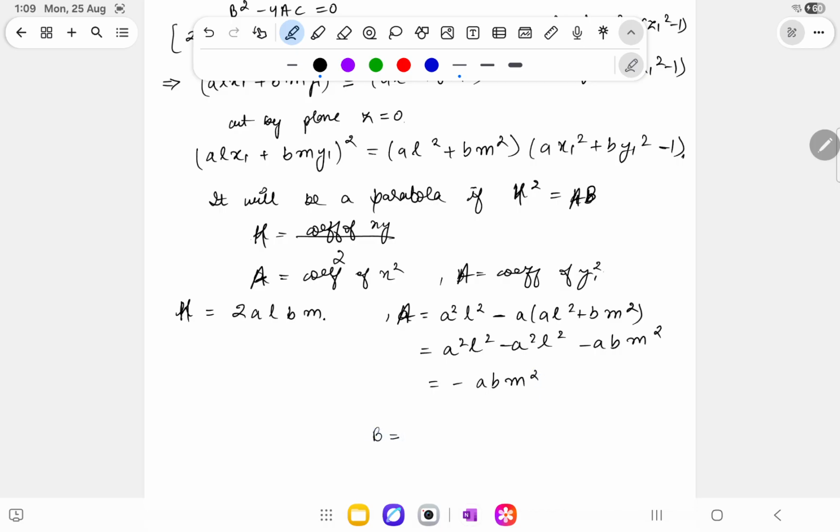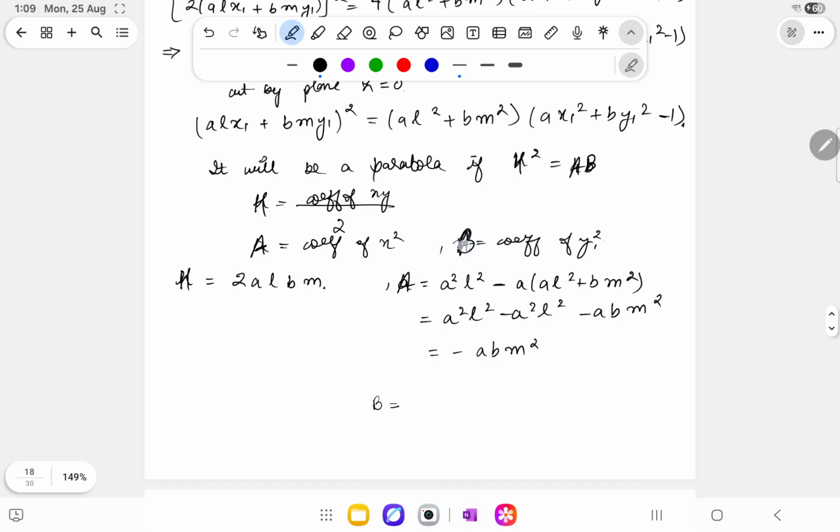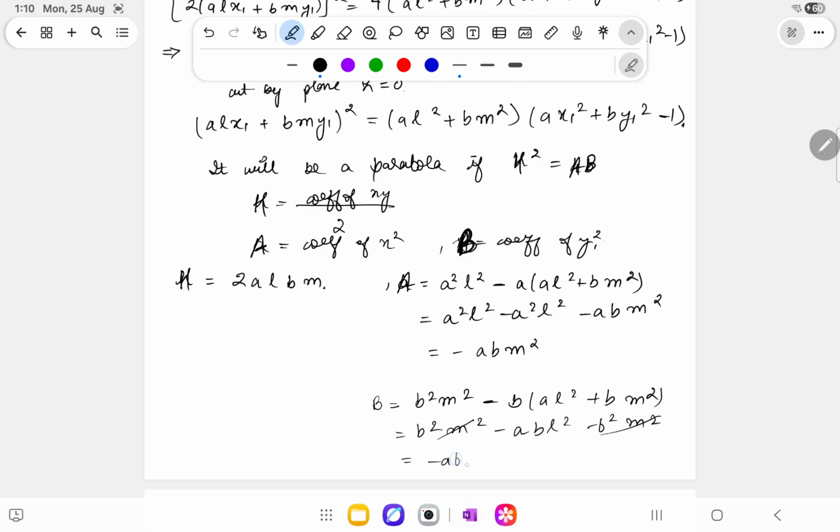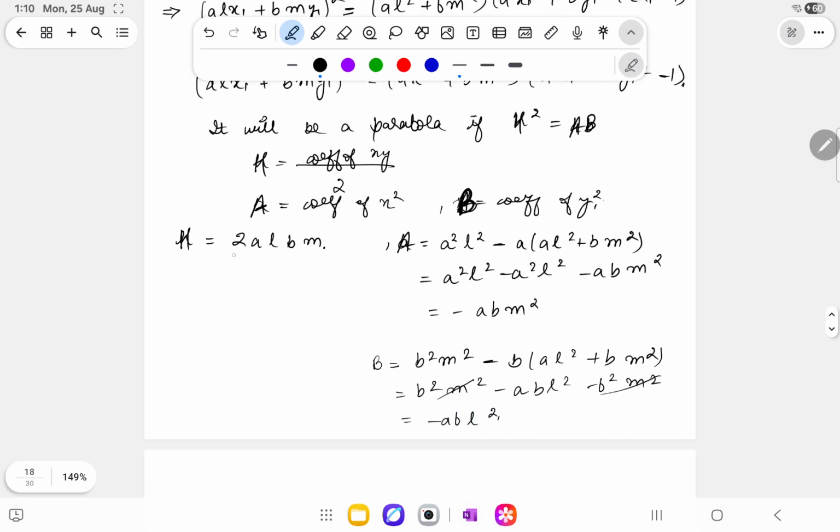Likewise, my coefficient of y square, capital B, is b square m square minus b into (al square plus bm square). If I simplify it, I'll get b square m square minus abl square minus b square m square, which is minus abl square. So from here, 2h is 2albm.